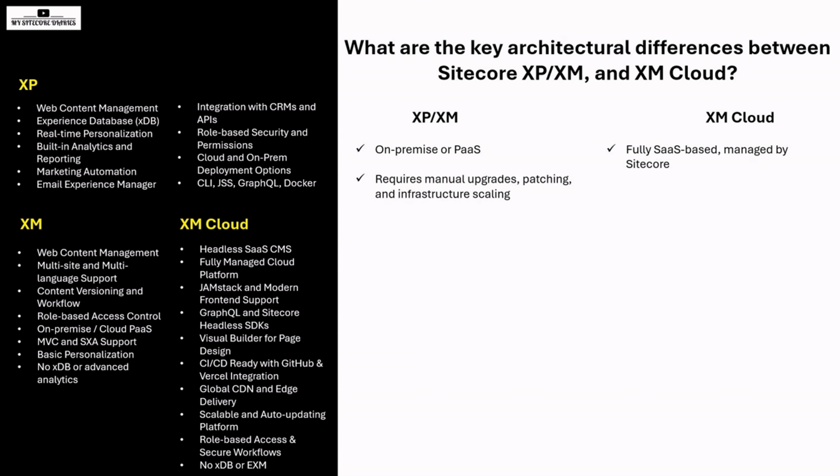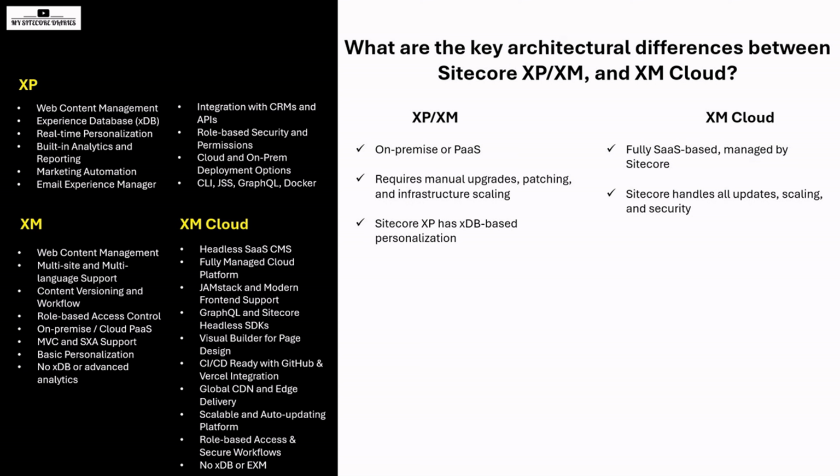XP and XM require some manual upgrades, patching and infrastructure scaling, whereas XM Cloud, which is SaaS-based, can handle it on its own. So basically Sitecore handles all the updates, scaling and security here. Then Sitecore XP has XDB-based personalization.